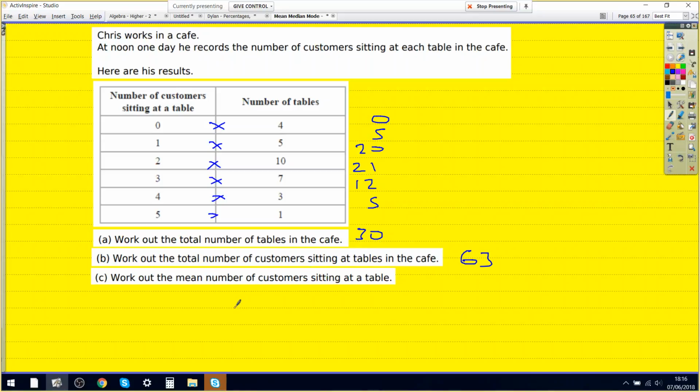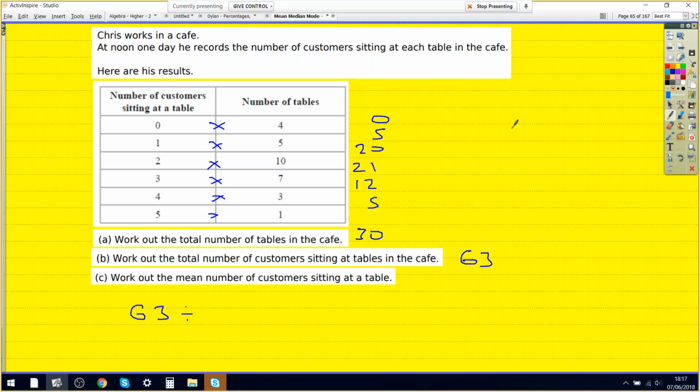Okay, the mean number of customers sitting at the table, what would you do for that? Would you add all the customers up and divide it by... So we added up all the customers, it was 63. And divided by... It's the mean number of customers per table, so it's total customers divided by total tables.